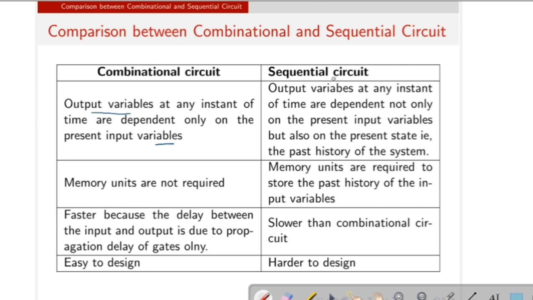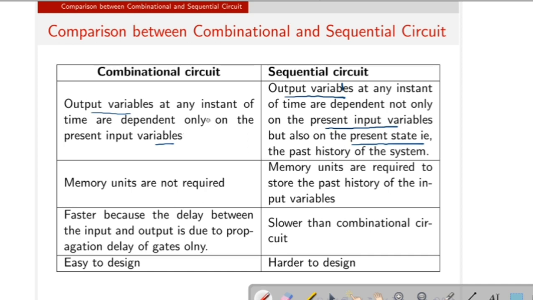But in the case of a sequential circuit, output variables at any instant of time depend not only on the present input variables but also on the present state of the system. Present state of the system is the binary information stored in the memory element. Okay, so the output variable depends on the present input variables and the present state in the case of a sequential circuit, and in the case of a combinational circuit, output variables depend only on the present input variables.